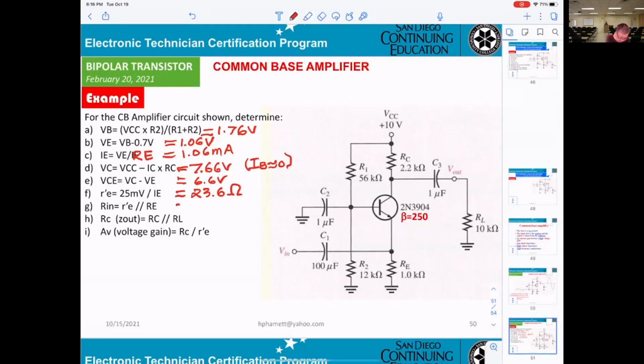Okay, what I already said, if I give you the formula, you're supposed to get the answer.